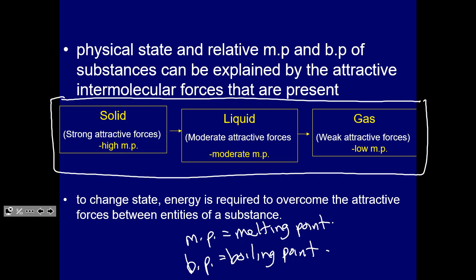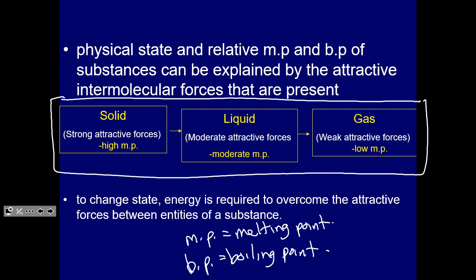So again, if something is a solid, it means it has very strong attractive forces between them. Again, here I've got the desktop, and I can't push my hand through the desktop. I can't walk through the desk because obviously whatever particles are making up that desktop, there's very strong attractive forces between them that I cannot push through. All right?